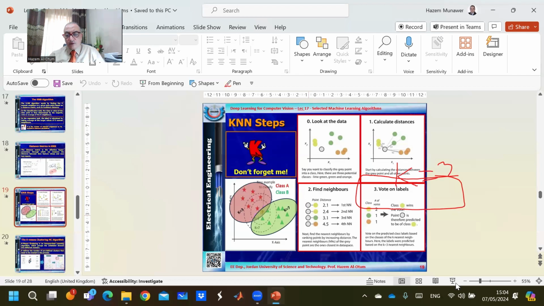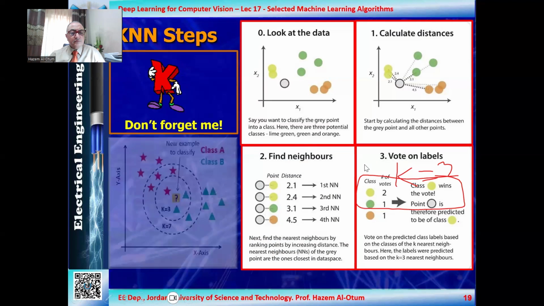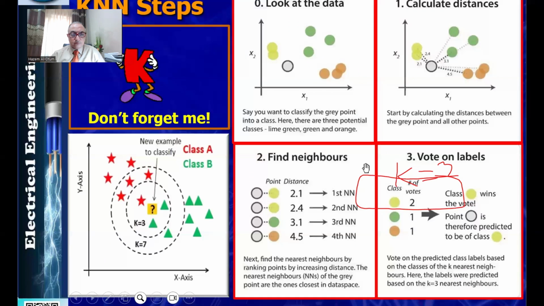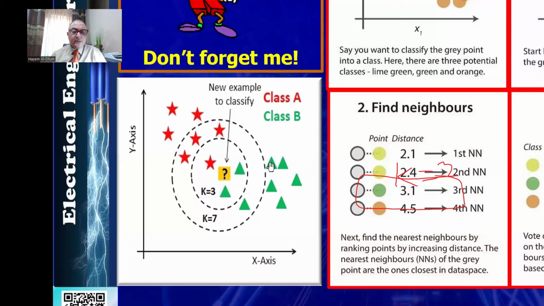Sorry, we'll go back to this slide again. If we have a look at this graph here, if we take only 3 nearest neighbors, so k equals 3, this is our sample.